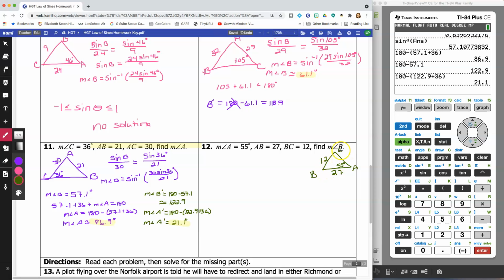So in this case, I need to find the measure of angle C first because my 27 is directly across from angle C. So I'm going to start with the sine of angle C over 27 is equal to the sine of 55 degrees over the side opposite it, which is 12.